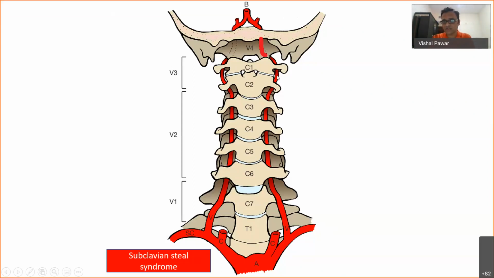This gets compensated until the patient does left arm exercise. Then more blood gets stolen from the contralateral vertebral artery, and that leads to subclavian steal syndrome. The patient presents with vertebrobasilar insufficiency, transient ischemic attacks happening because of this stenosis. So this is subclavian steal.